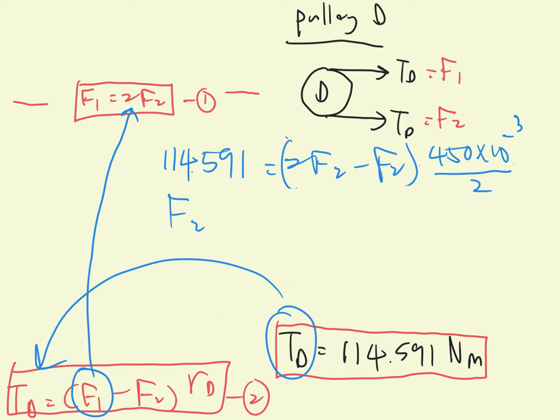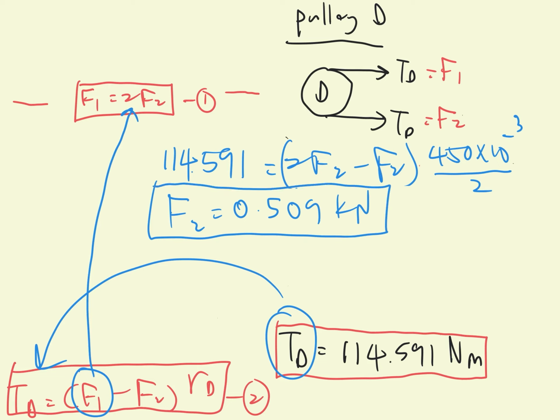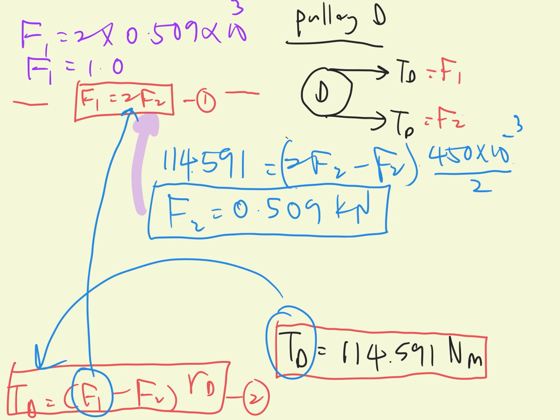So F2 we will get 0.509 kilonewton, and then this value F2 we put into this, so we get the value of F1 is equal to 2 times 0.509 kilonewton, and then we get F1 is equal to 1.01 kilonewton.